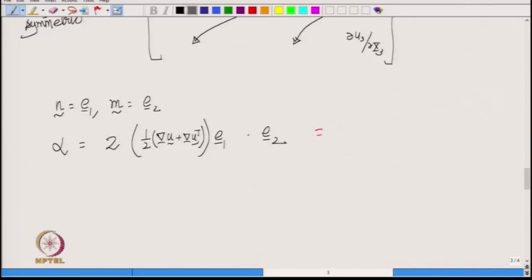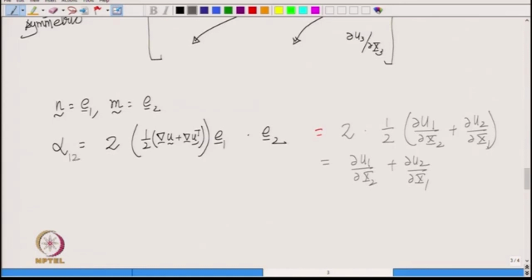So, what we have here is 2 times half of del u 1 by del x 2 plus del u 2 by del x 1, which is simply del u 1 by del x 2 plus del u 2 by del x 1. So, that is alpha, we can say it is alpha 12, because one of the directions is E1 and the other is E2.